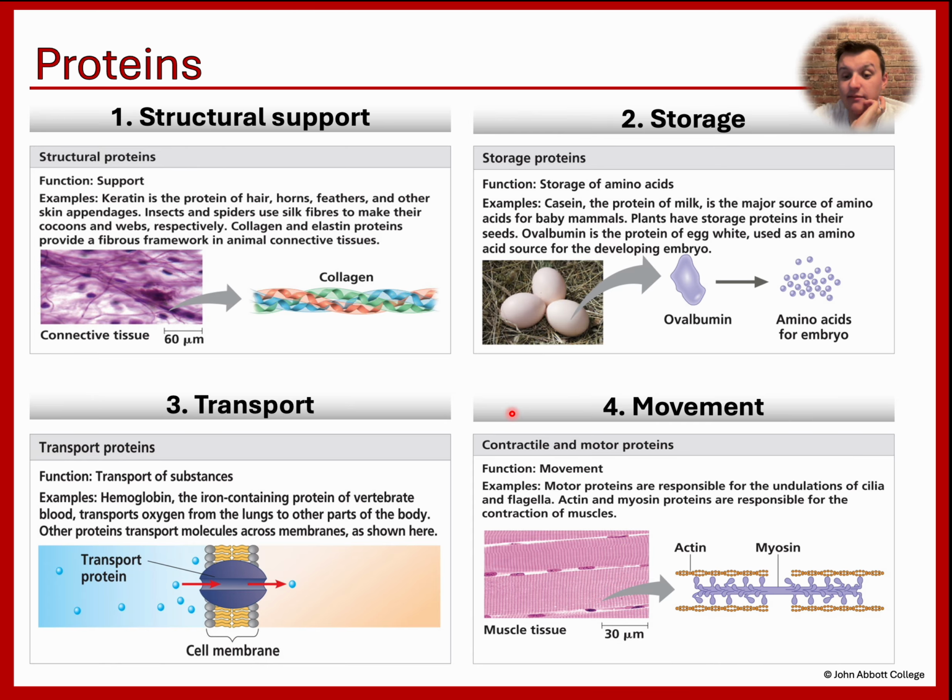Movement. Some proteins are contractile motor proteins. Actin is one protein. Myosin is another protein. And they will move inwards and outwards, and they will contract, like your muscles, that contract to allow you to move.